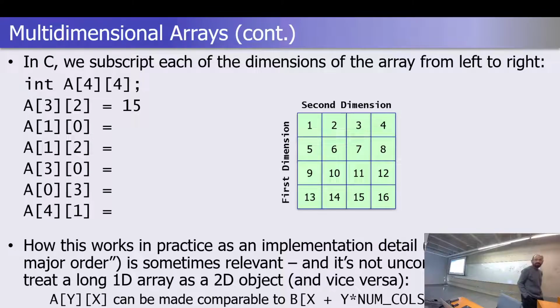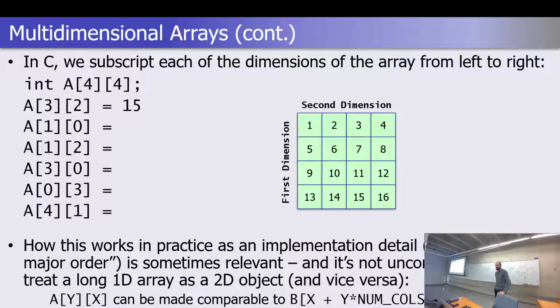Other languages do this differently, but in C we do that subscripting of the array from left to right. So we've declared this 2-dimensional array A of size 4 by 4. First dimension, you can think of that as the number of rows, is 4. The second dimension, you can think of that as the number of columns. That is also 4 here.